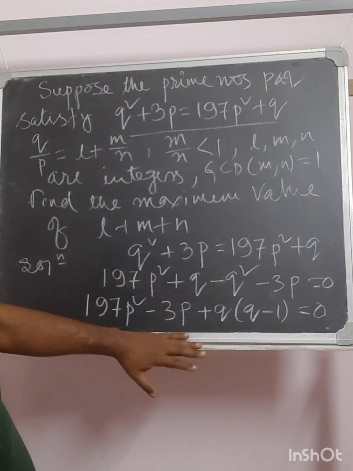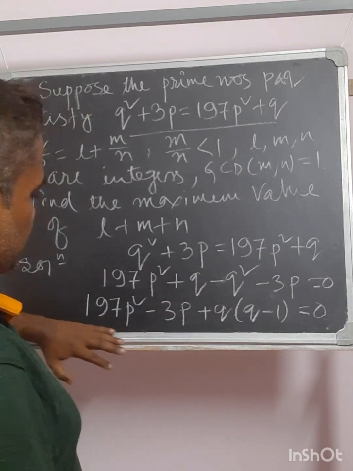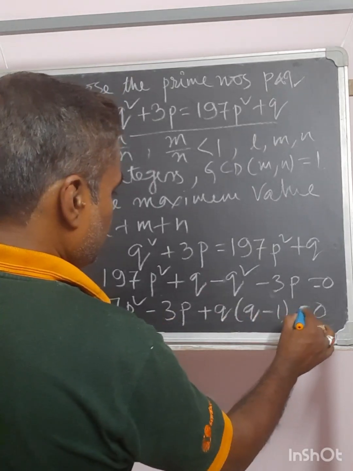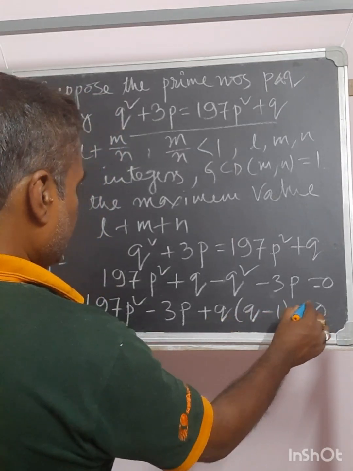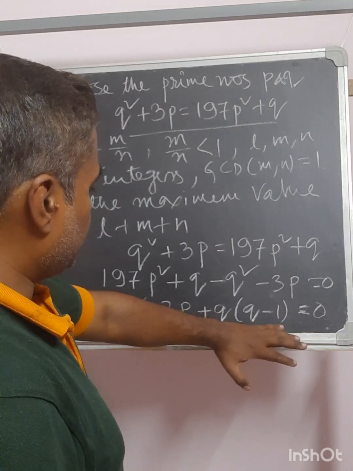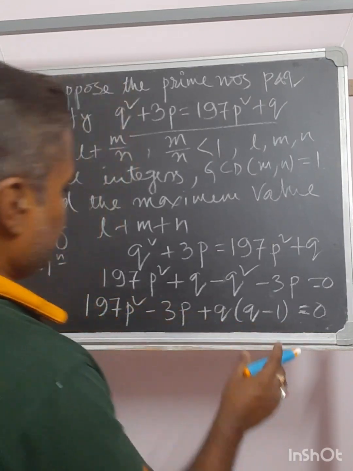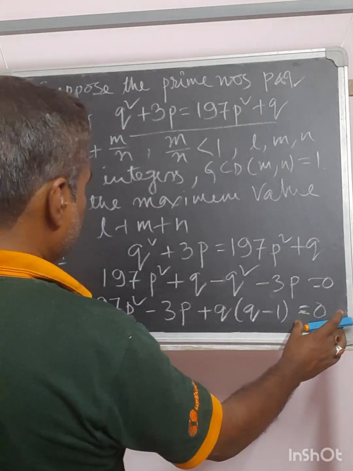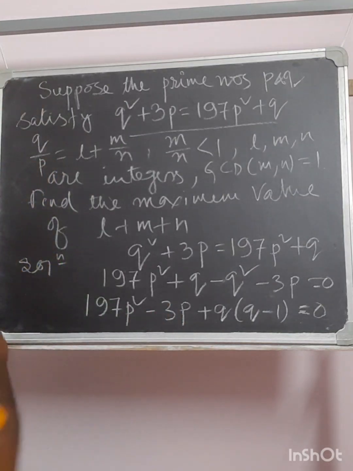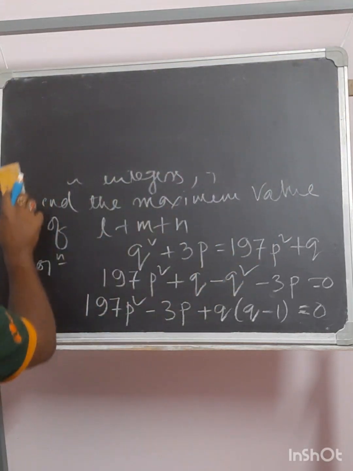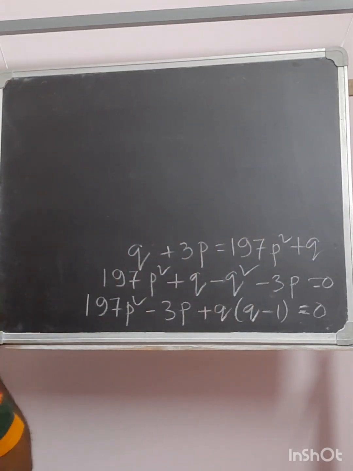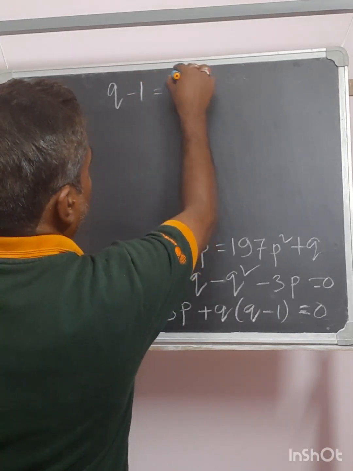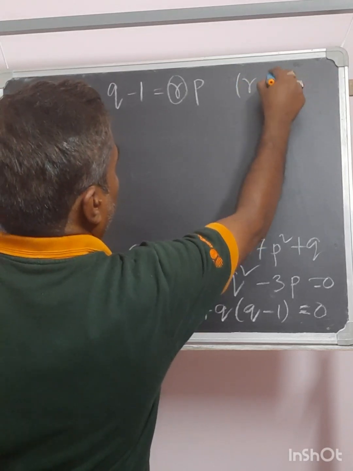Now as this is a quadratic expression of P, then I can say this expression is valid if Q minus 1 is some sort of function of P. That means this expression is true only if Q minus 1 is equal to some function of P, let's say R, where R is a constant.